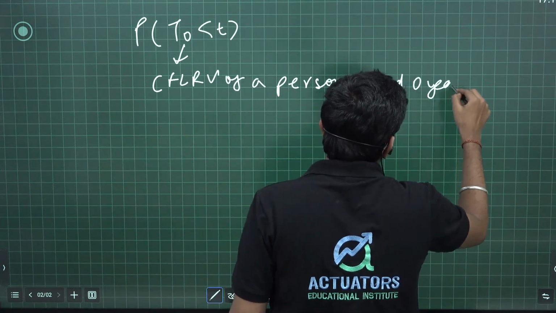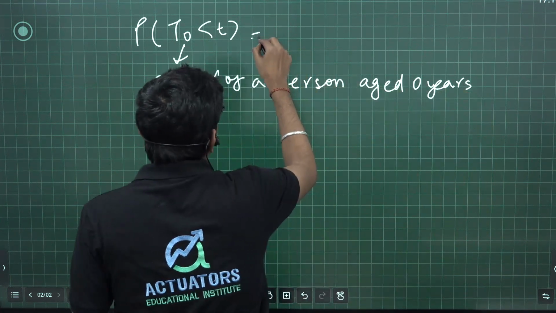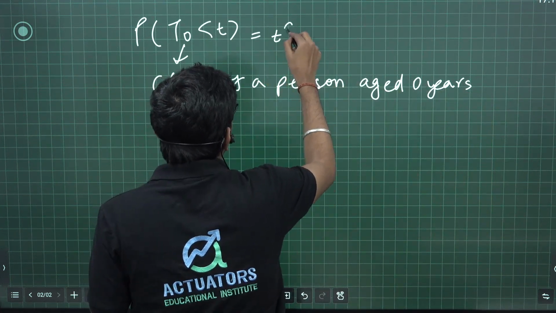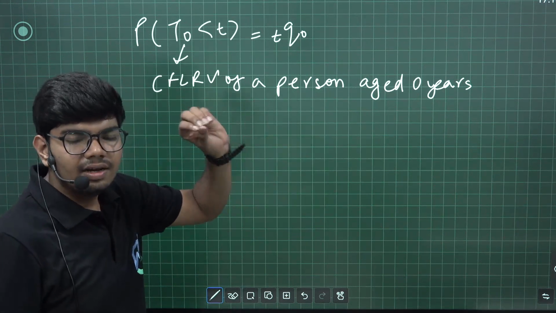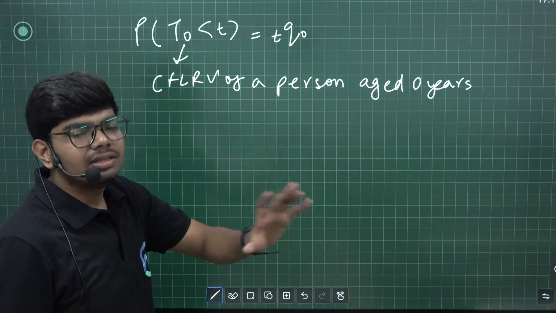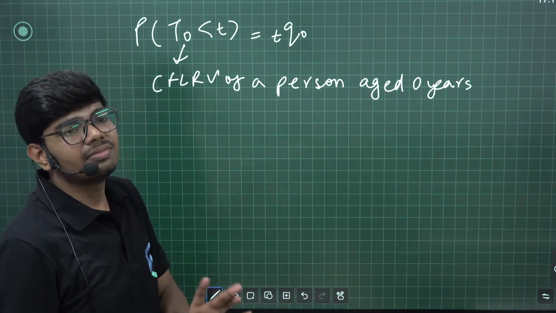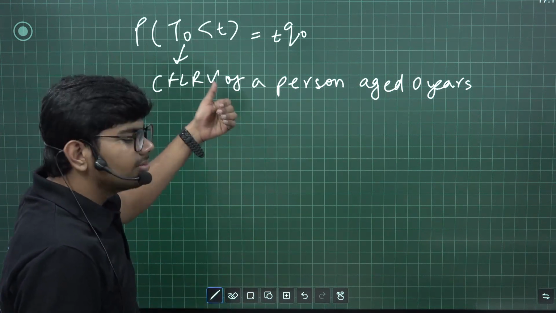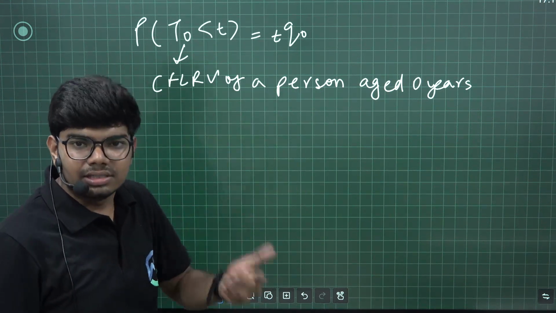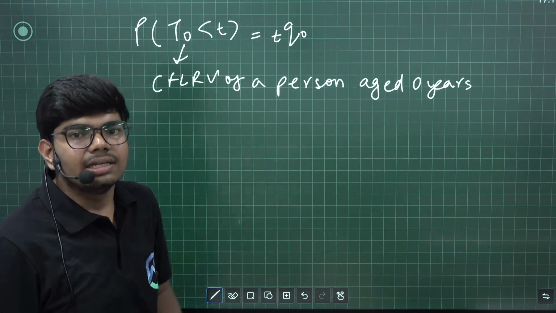This will be written as tq0. This is the actuarial notation which we will use very extensively in the FAM examination, especially in the FAML part. So it essentially means that we are asking for the probability that a person who is aged 0 years will live for less than T years.